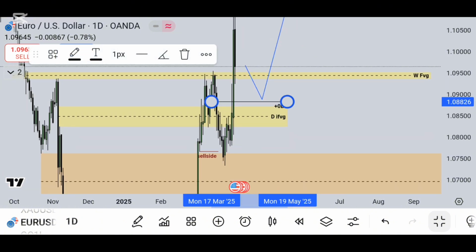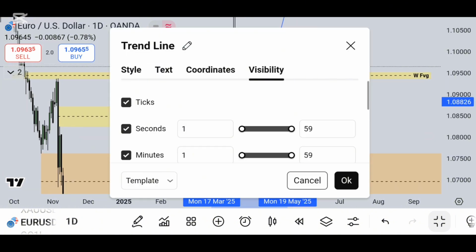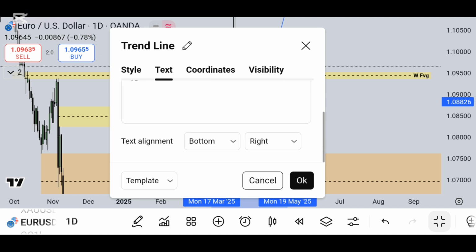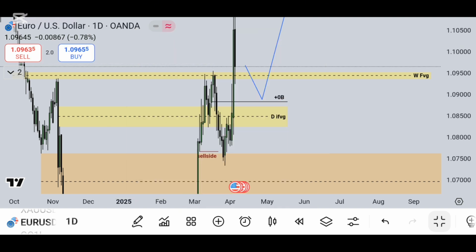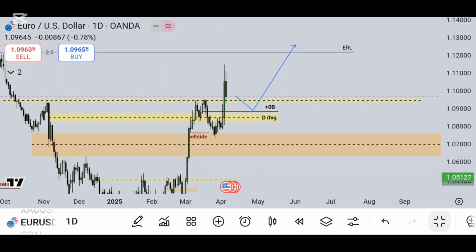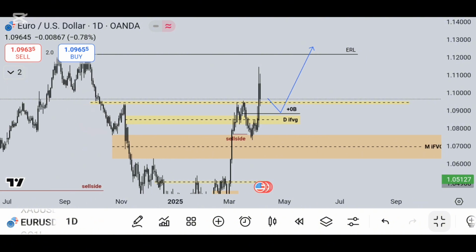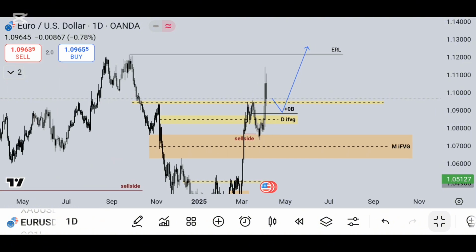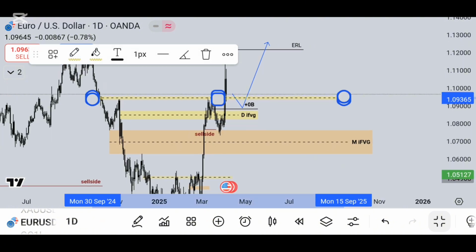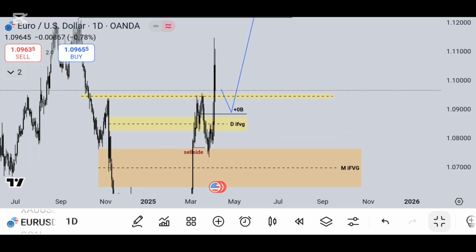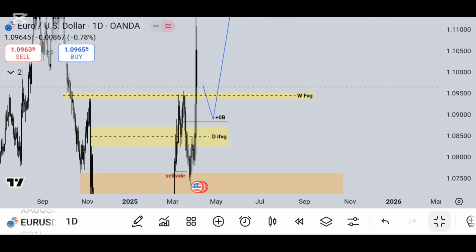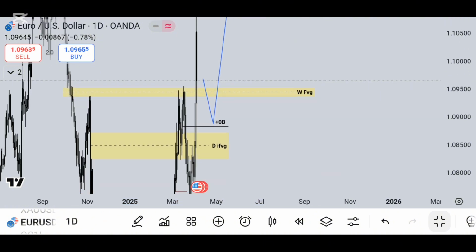And this is the weekly order block. This is the weekly order block, and this tiny yellow box is the weekly FVG, as you can see, right?